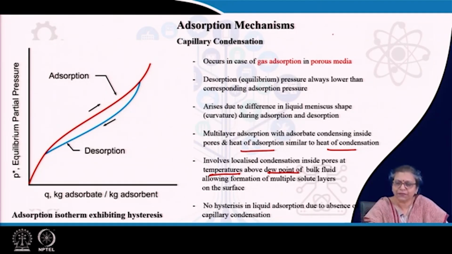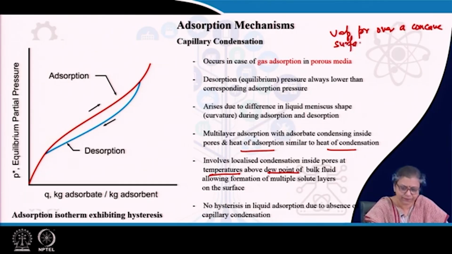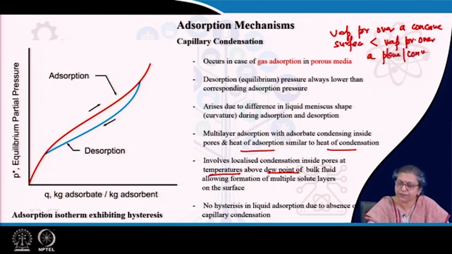More importantly, the vapor pressure over a concave surface, we find that it is less as compared to the vapor pressure over a plane or a convex surface. And inside the pores, we find that the liquid meniscus is actually concave.